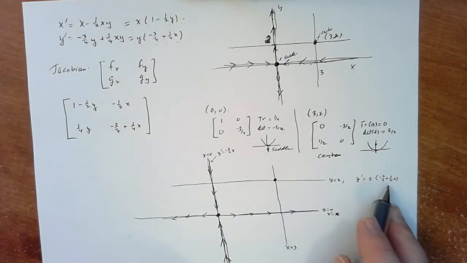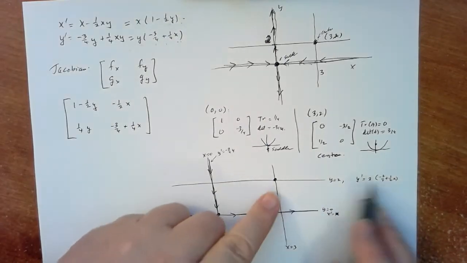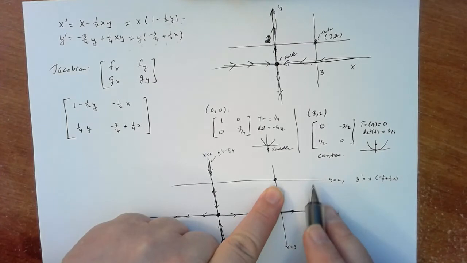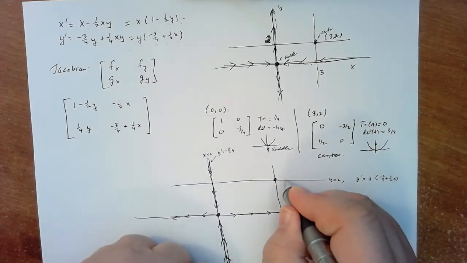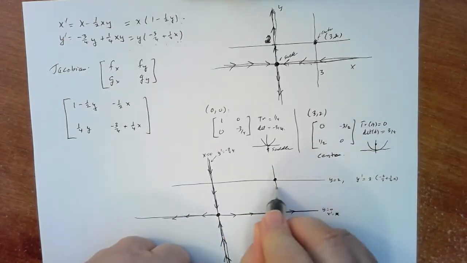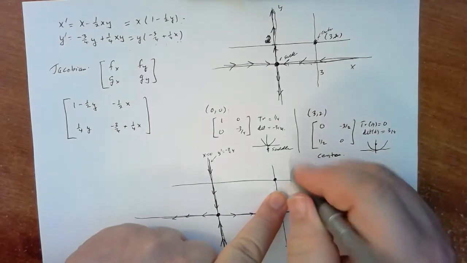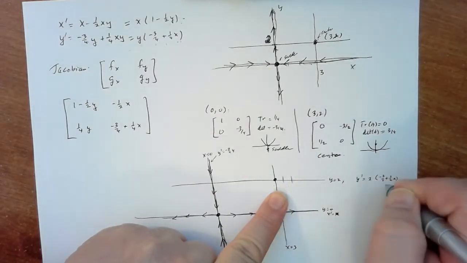And so that's going to change at x equals 3. And so if we put in a number bigger than 3, like 4, into that, that would be minus 3/4 plus 1. And so that would be a plus. And so we would be going in this direction. We're moving up and down, right?